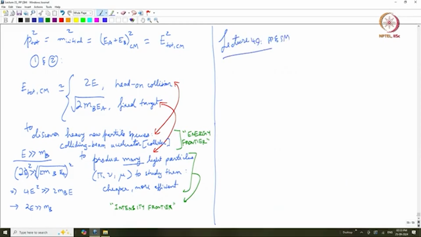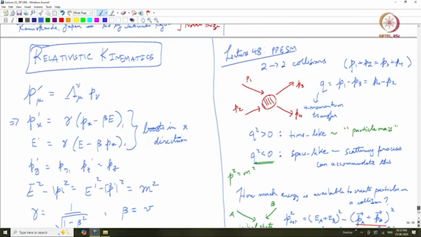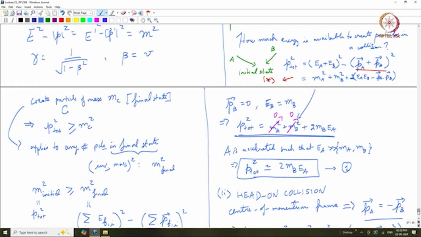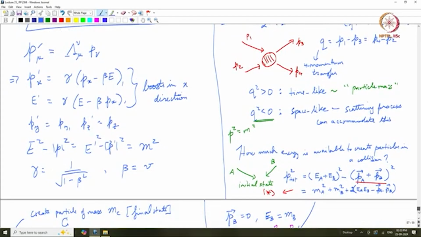Last time we delved a little bit more into particle collisions, and in particular we took 2 to 2 collisions because that's what we see most of the time in real life situations. We talked about space-like scattering and time-like scattering as defined by the sign of the momentum transfer square, and we asked if we want to create new particles in the final state, how much energy should we put in?